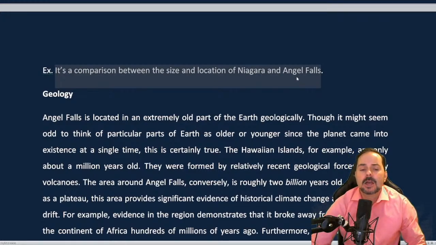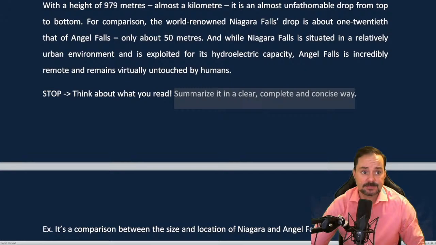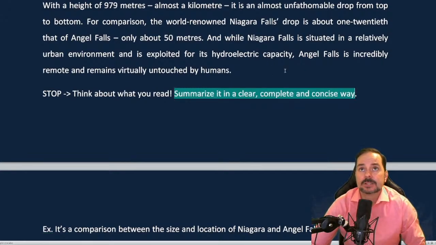That's what you want to be able to do. If you want to get a really good band score in your next IELTS reading, you need to be able to summarize the paragraph in a clear and concise way. So this is the key. This is where the magic happens.